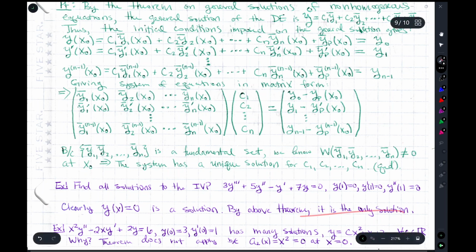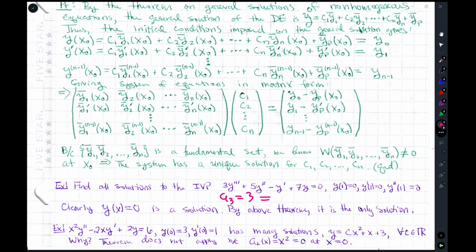And by the above theorem, it's the only solution. So we could rest our heads. There's nothing more complicated than this. We found one solution, and by the above theorem, because a_n does not equal 0. Look at that. a_n, a sub 3 here, is 3 and is not equal to 0. All the other a's are continuous. So we satisfied the hypotheses of the above theorem.